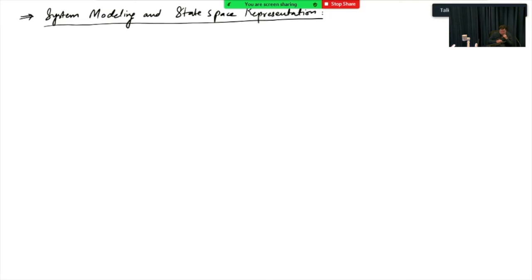So we'll take an example where a simple system can be modeled using state space. Some of you might already be familiar with state space representations, but we can do a quick refresher here. So let's take a mass spring system example.